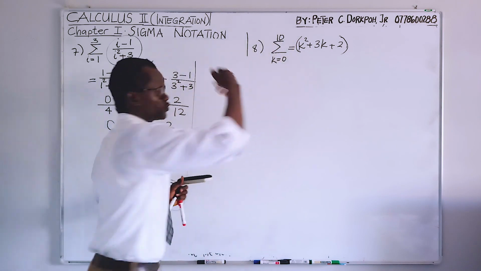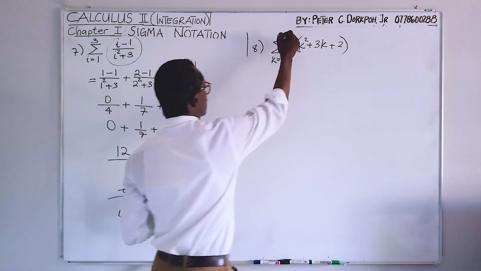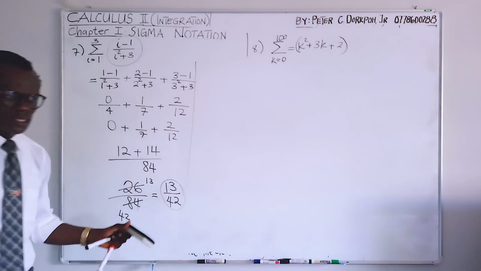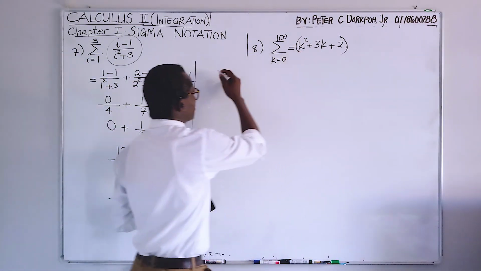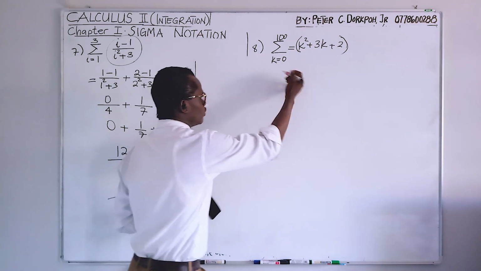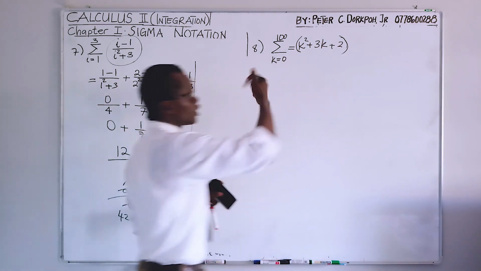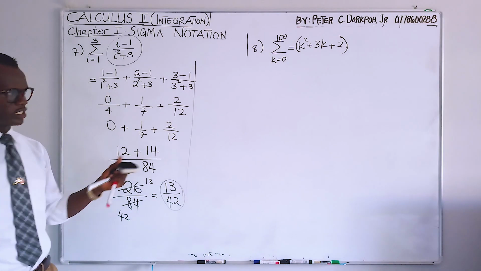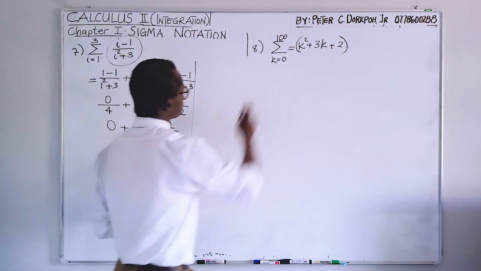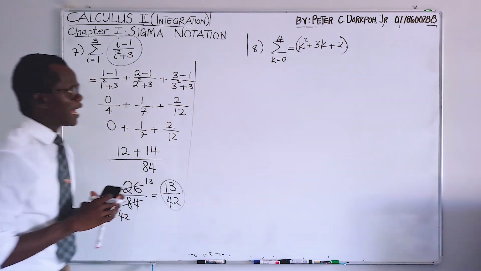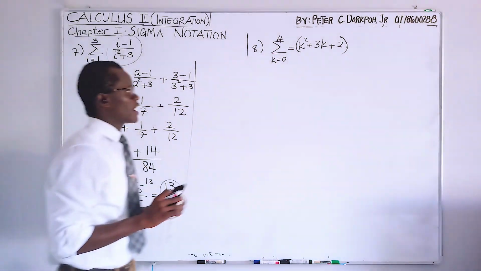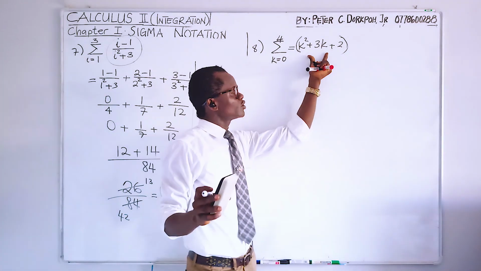It would be so difficult and so complicated for us to say when k is 0, when k is 1, when k is 2, when k is 3, all the way to 100. So in the next lecture, I'm going to show you how you can easily find the sum of expressions of these forms.